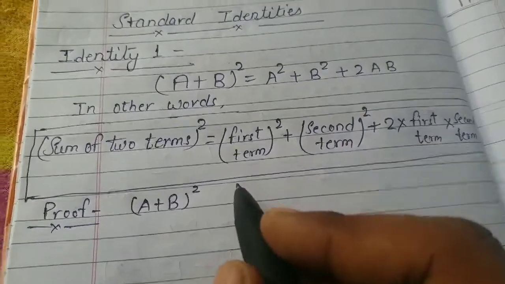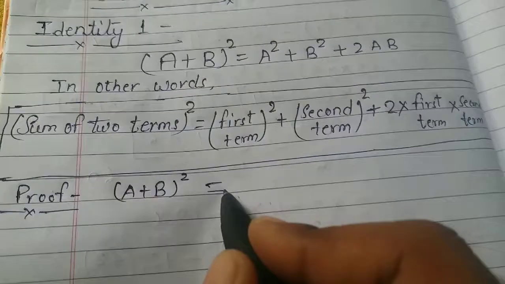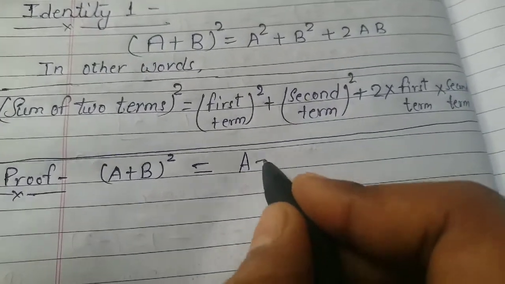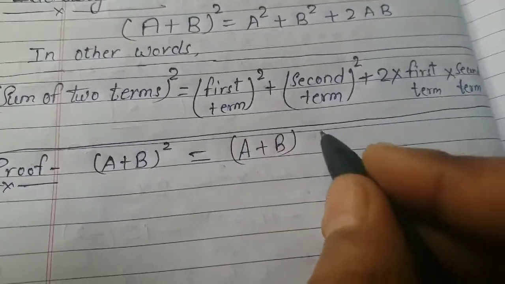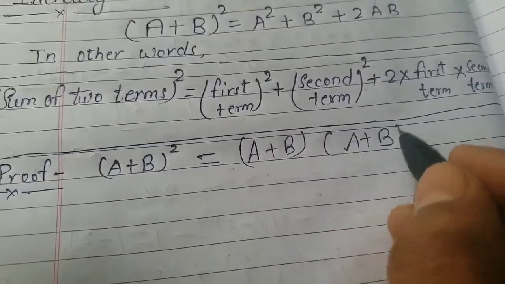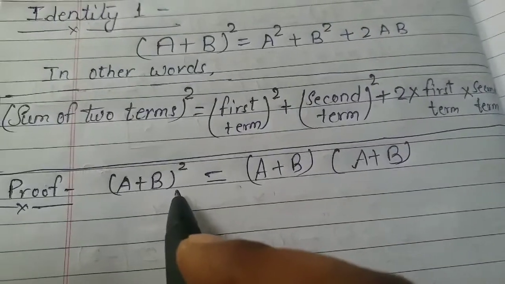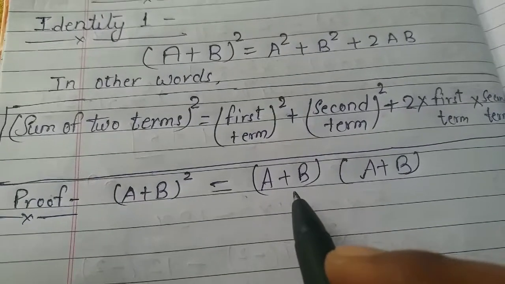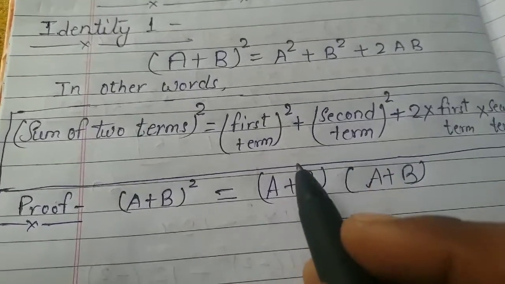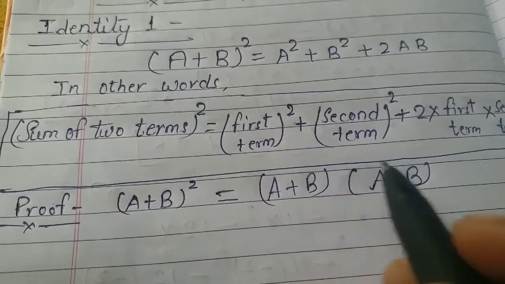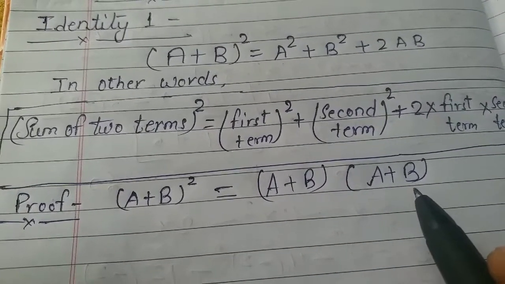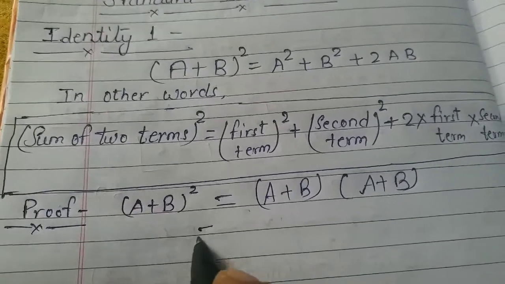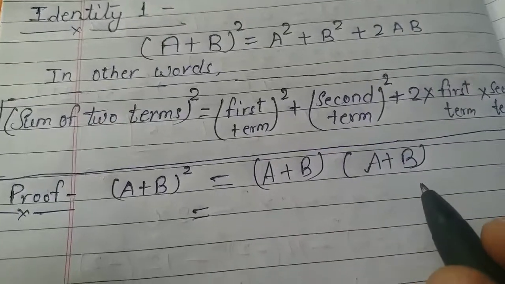Before proving, we can write (a + b) squared as (a + b) times the second bracket (a + b), because the power is 2. Here the power of (a + b) is 1 and here the power of (a + b) is also 1. Okay, now start multiplying (a + b) by (a + b).